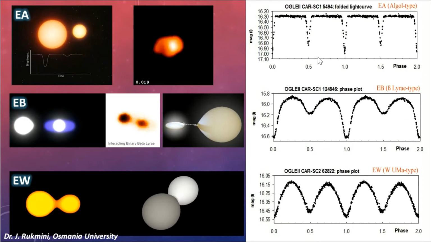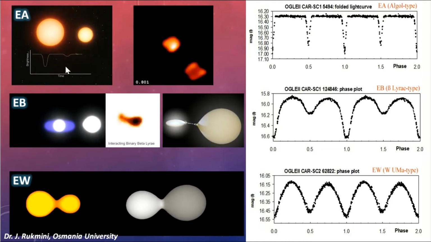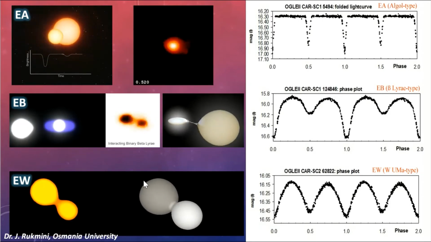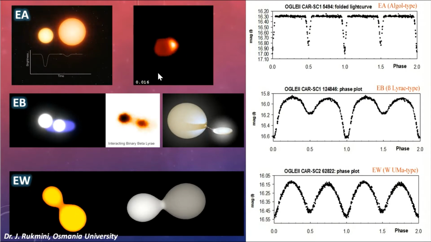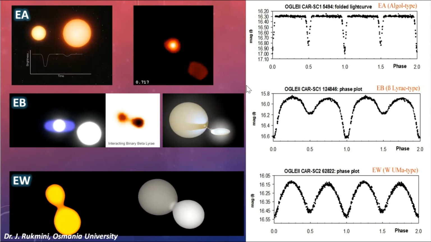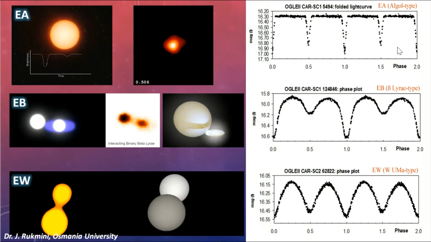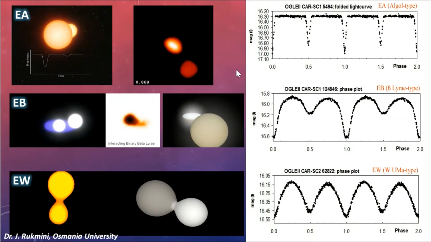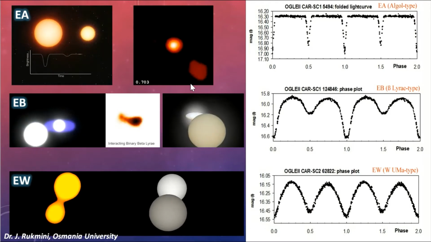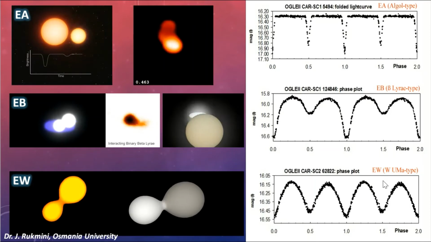The difference in the shapes is related to the system itself. Some of them you can see here are cartoons, but some are actual observations. Depending on the shape of the light curve and the prototype system which was discovered first with these light curves, they have been named EA, eclipsing Algol types, EB, beta Lyrae types, and EW, W-UMa types.